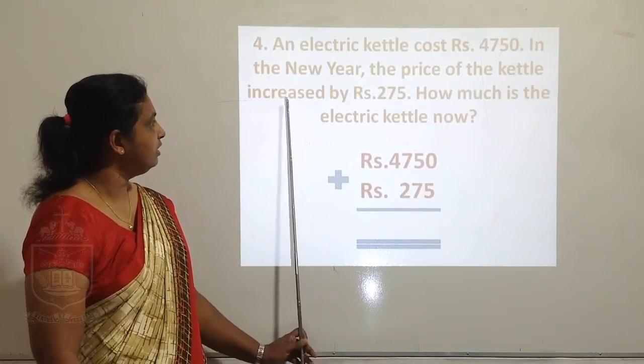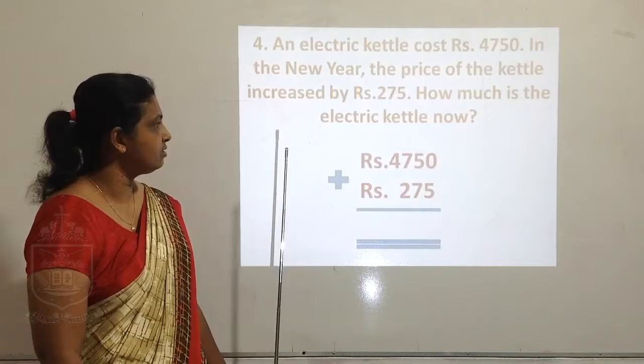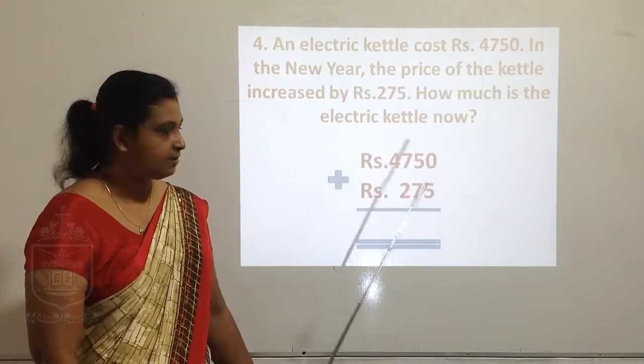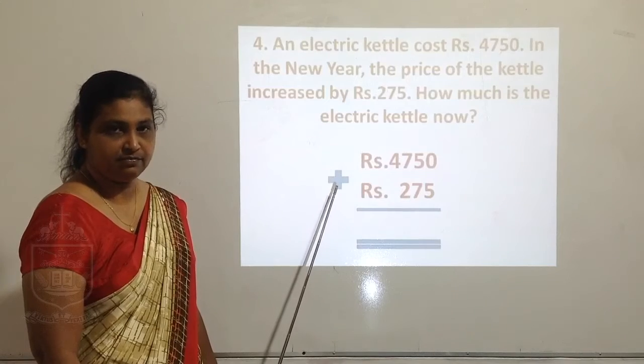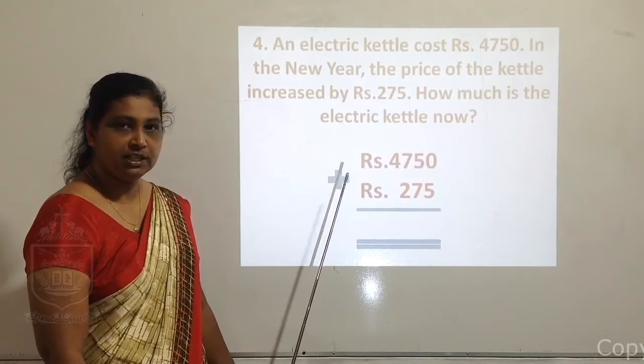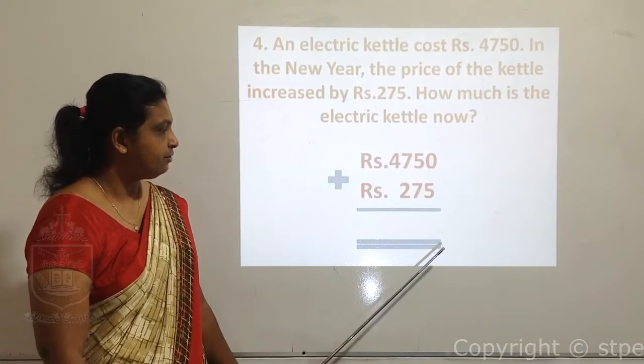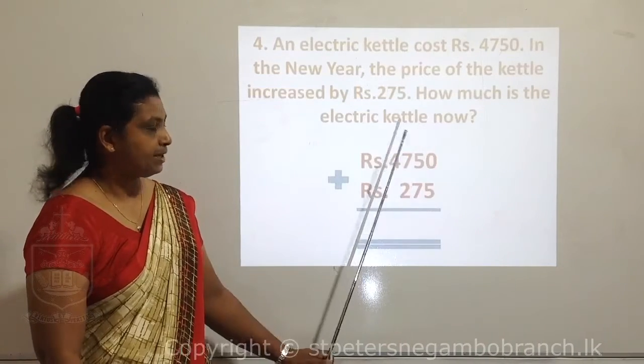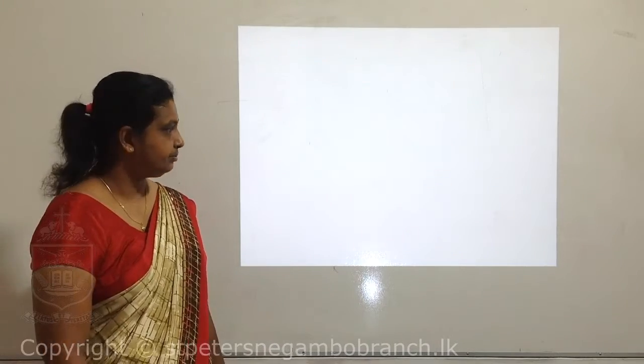So in New Year season, the price of the kettle increased by 275. Increased means addition, plus. Then you have to add these two to get the new price of the electric kettle.